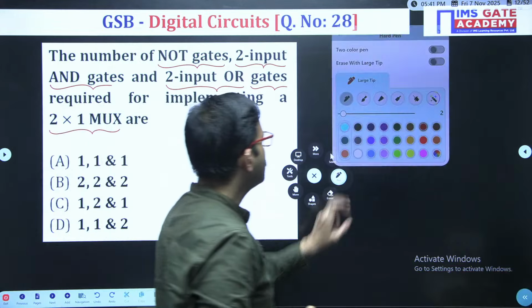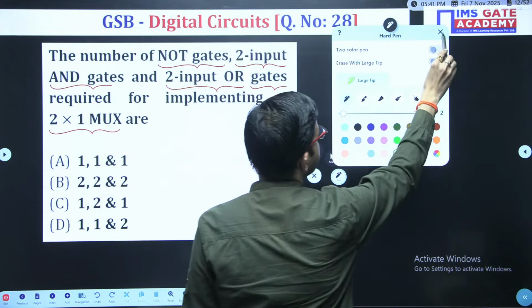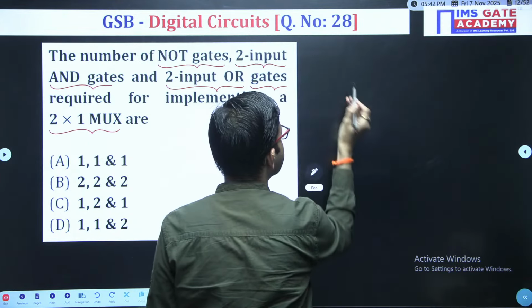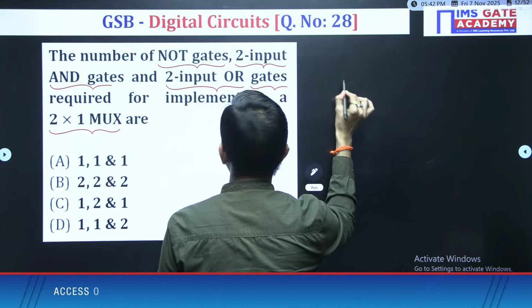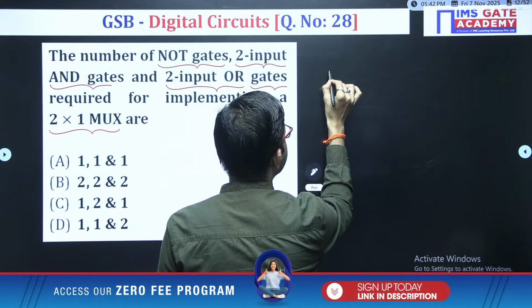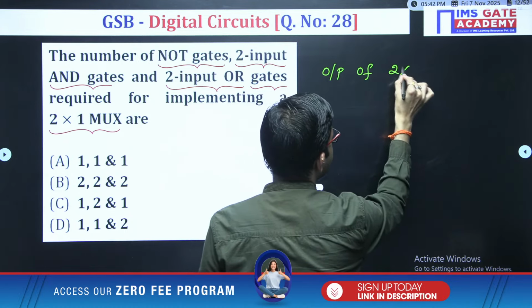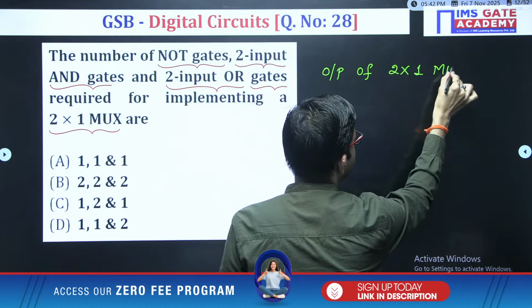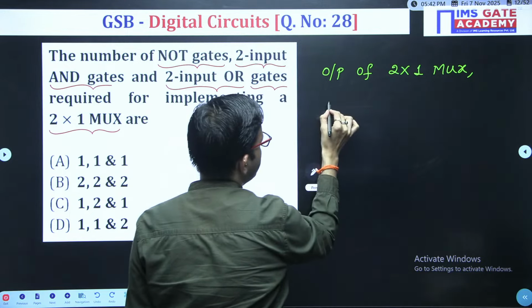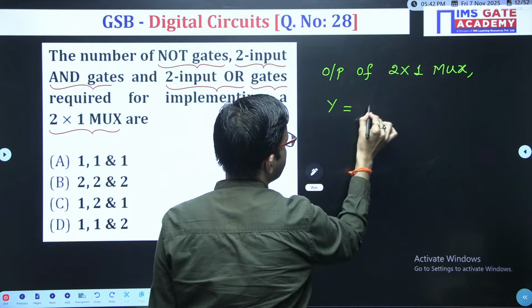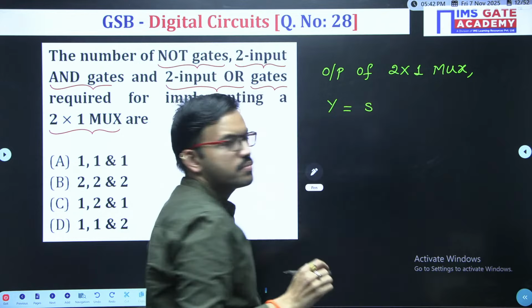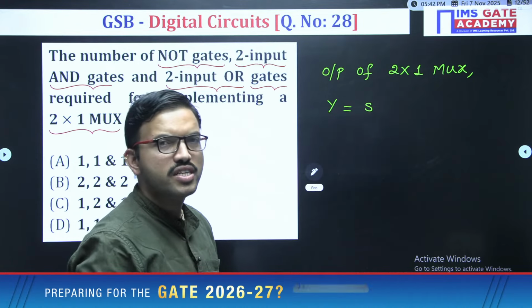See, I hope all of you know the standard equation of 2-by-1 mux. What is the standard equation of 2-by-1 mux? Y equals S bar I0 plus S I1. I'm just writing here the output of 2-by-1 mux, the standard equation. Suppose I'm labeling the output as Y. Since you have a 2-by-1 mux, how many selections do you have? Only one, right?